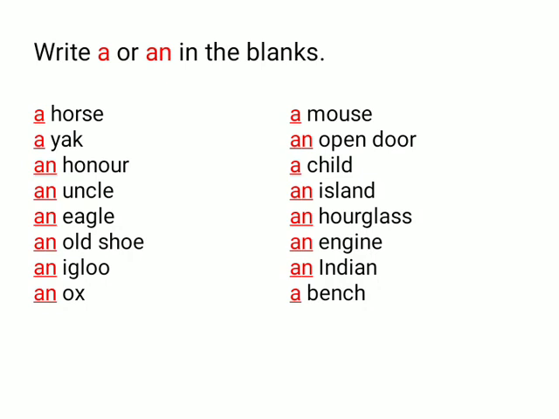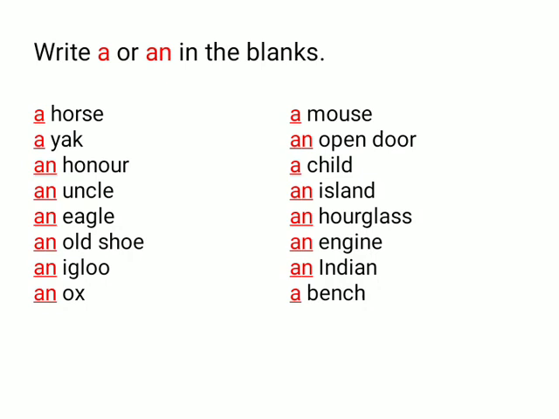Now see the second one. Dash yak. Now what will come in the dash? A yak. Here the first letter of the word yak is Y, and Y is a consonant. So we use the article a before the singular word, that is a yak.